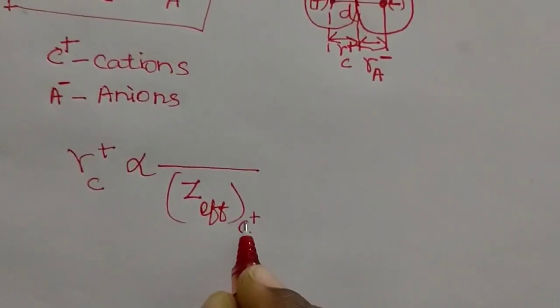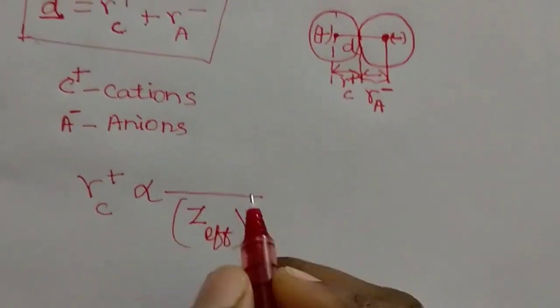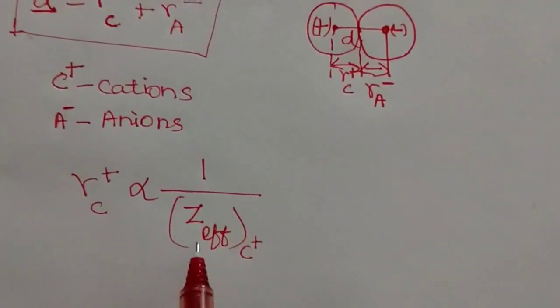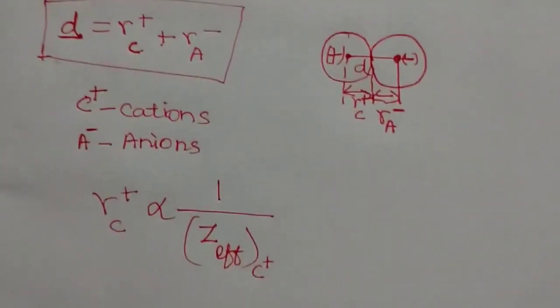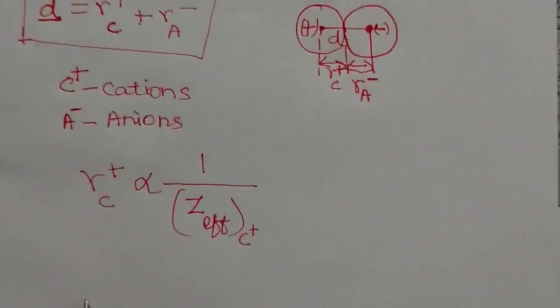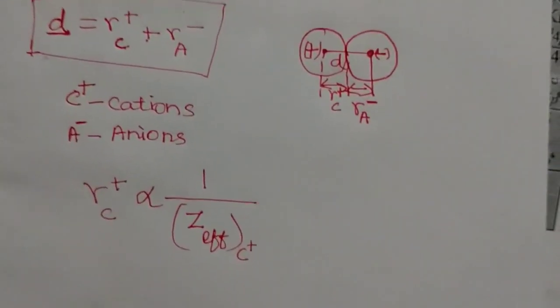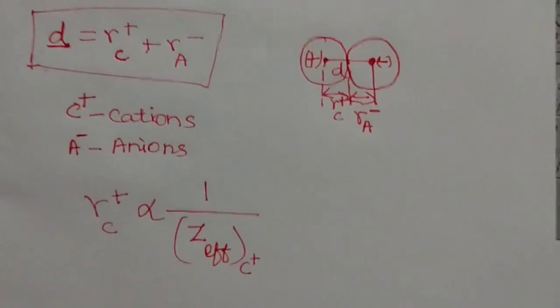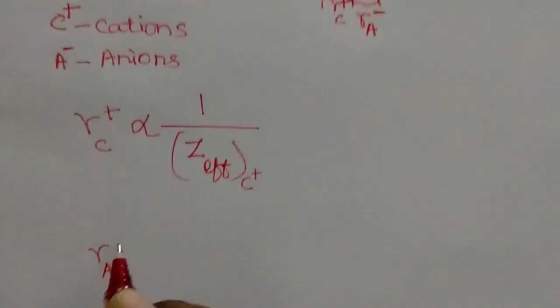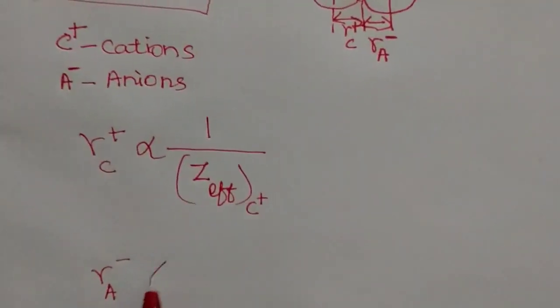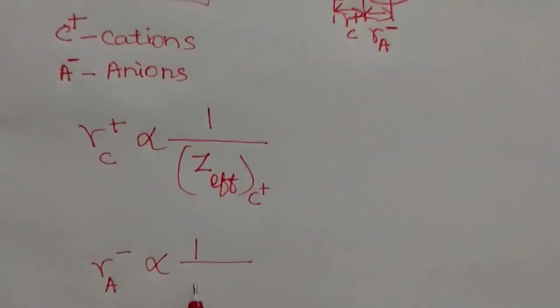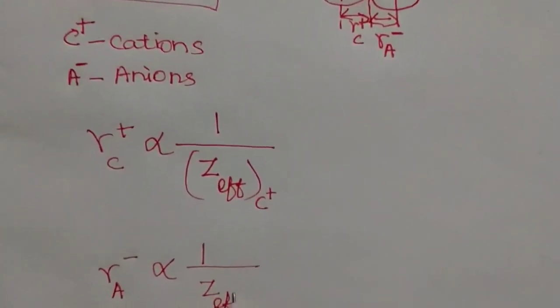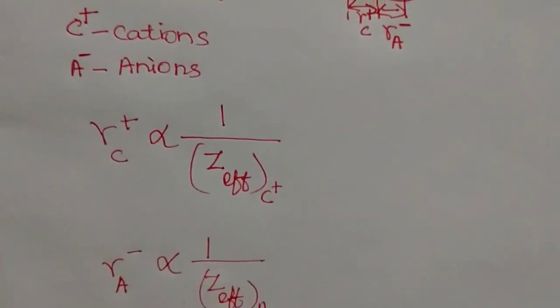Cation. So we put Rc+ proportional to 1 by Zeff of C+. Writing the same for the anion, Ra- is inversely proportional to the effective nuclear charge of the anion.